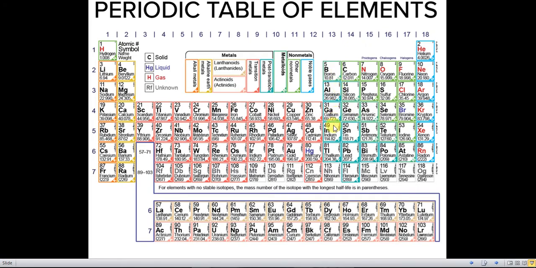Aluminum, boron, gallium, indium are trivalent because they have 3 electrons in the valence band. Nitrogen, phosphorus, arsenic, antimony are pentavalent because they have 5 electrons in the valence band. So this much knowledge is sufficient to proceed further.